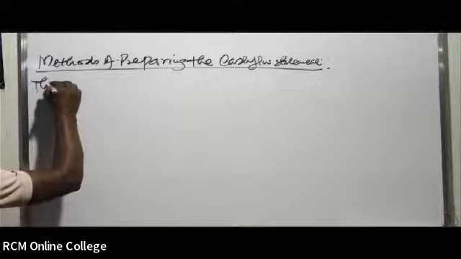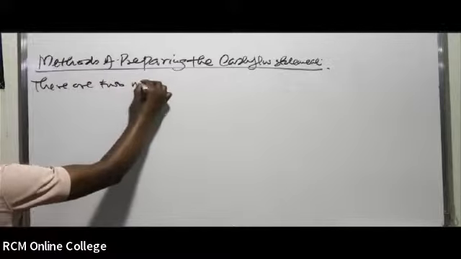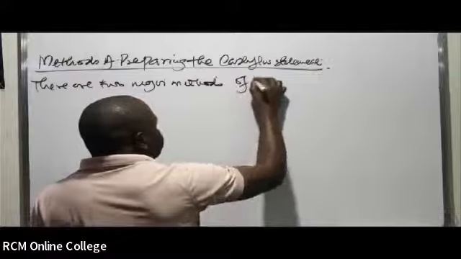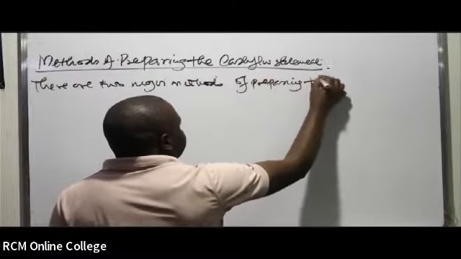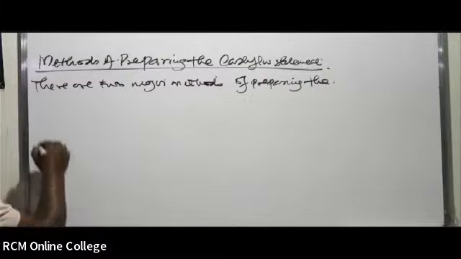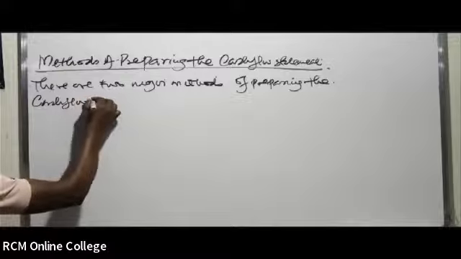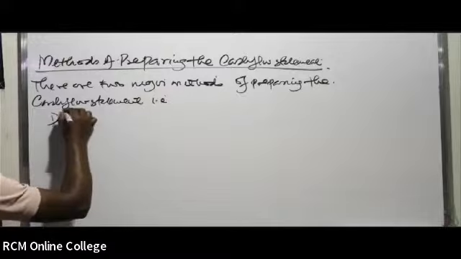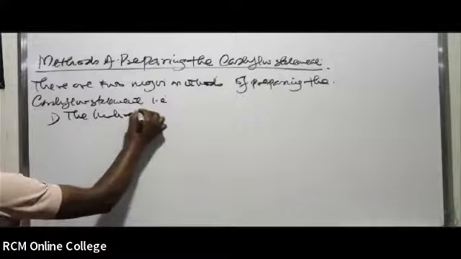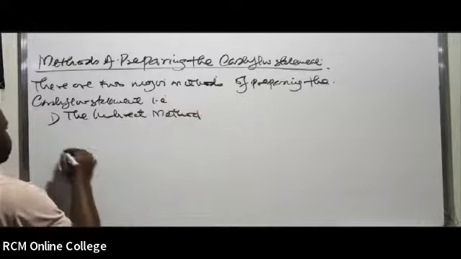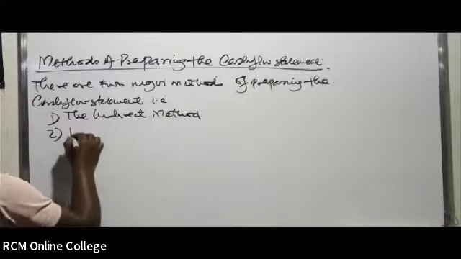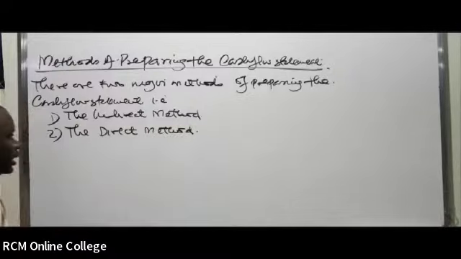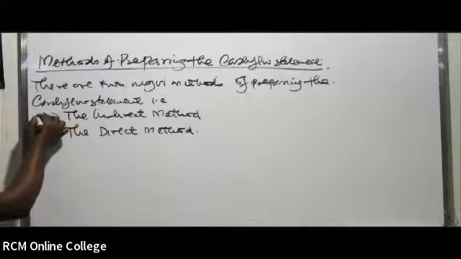There are two major methods of preparing the cash flow statement, i.e., number one, the indirect method; number two, the direct method. The indirect method is the most commonly used and the most commonly tested.